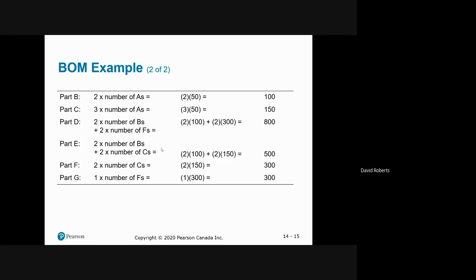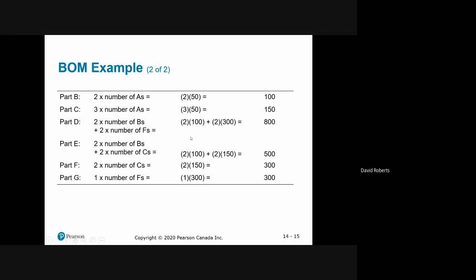Like E is in multiple branches, as is part D. It takes 2 D's to make 1 B, and you need 100 B's, so you need 200 D's for that branch. You have 2 times the 300 because of the F's.